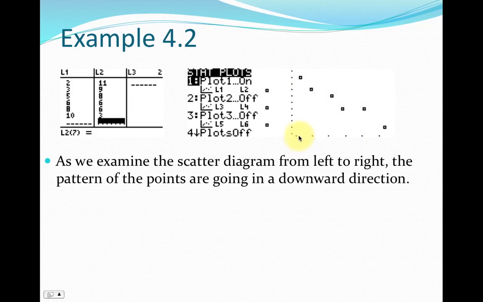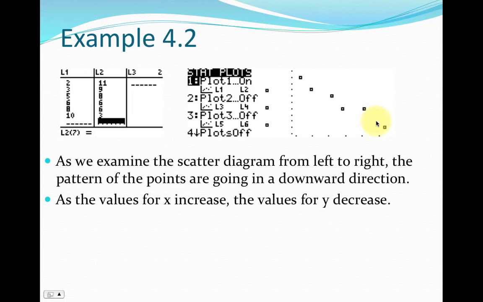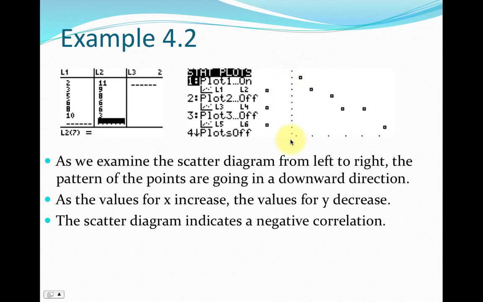Here's low values of x with high values of y, and we have high values of x with low values of y. As the values for x increase, the values for y decrease. The scatter diagram indicates a negative correlation. So it's moving downward from left to right, and we see low x with high y and high x with low y.